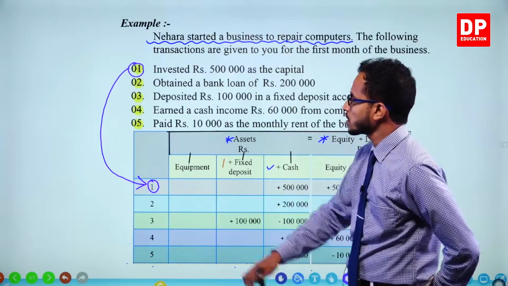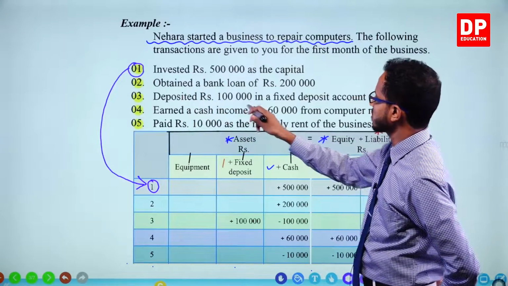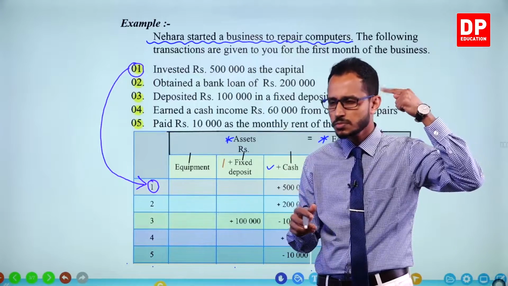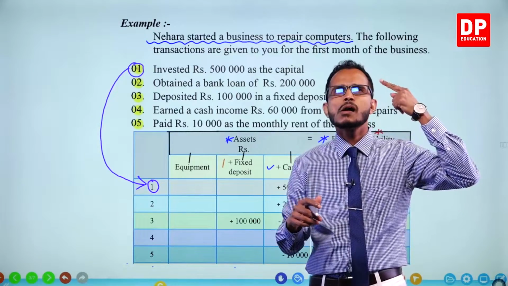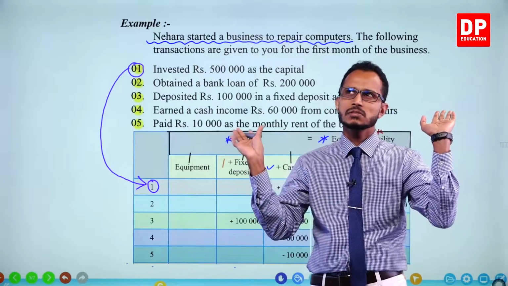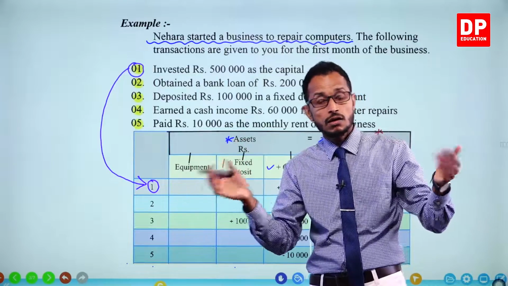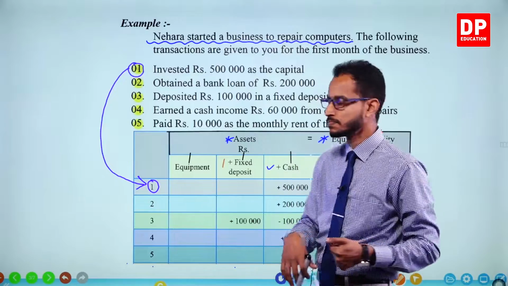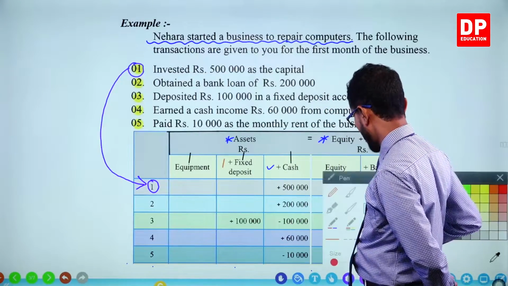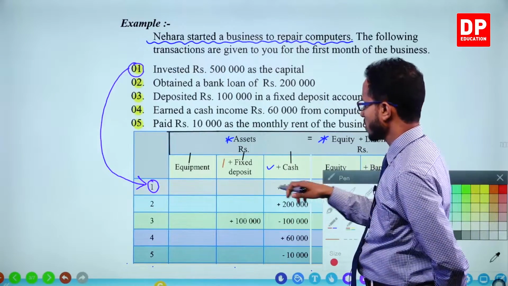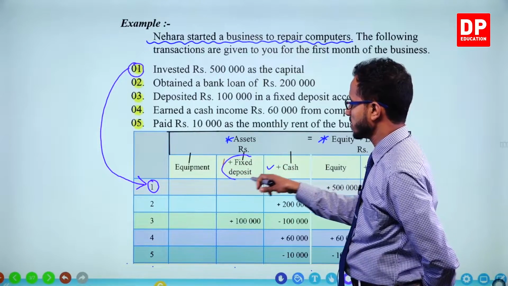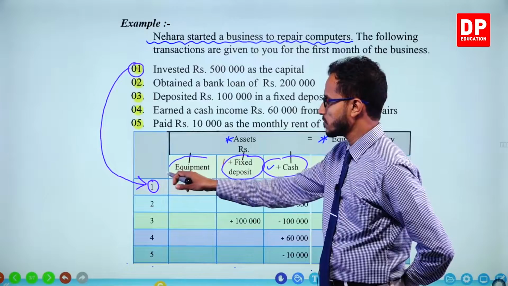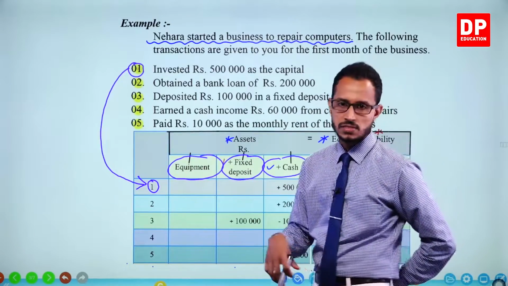Okay, going further down, deposited 100,000 in a fixed deposit. Oh, fixed deposit, that means FD, right? There is an FD in this question. That means it is an asset. Bingo! There is a separate column for FD, a separate column for cash, a separate column for equipments.